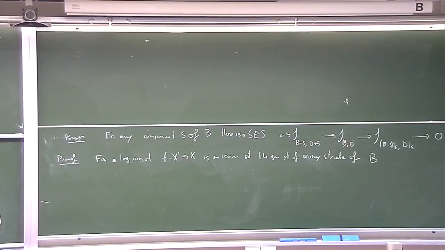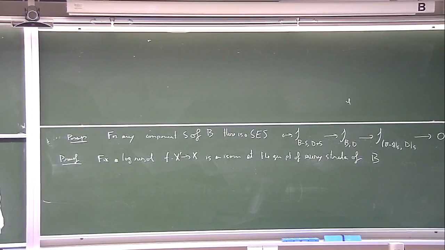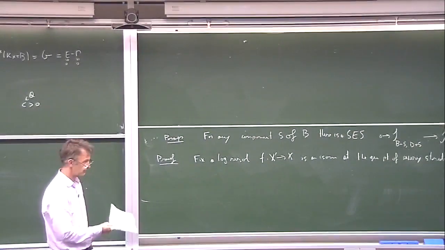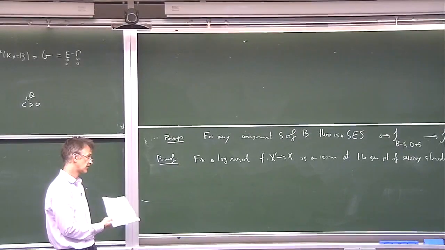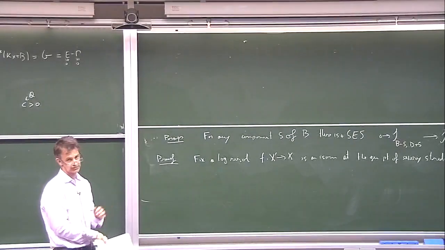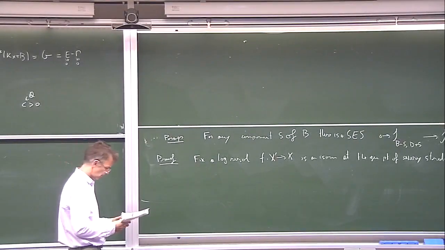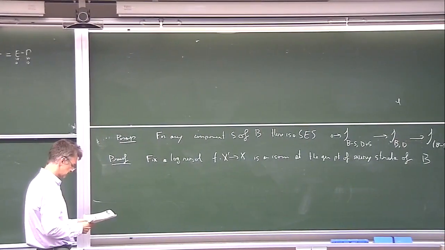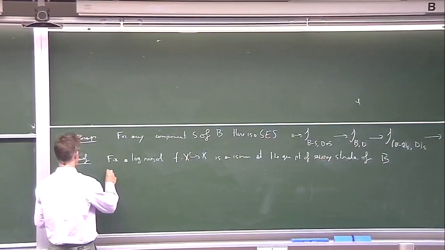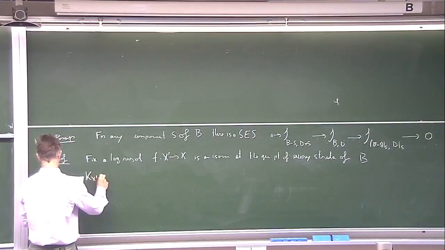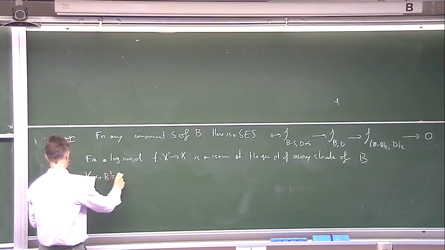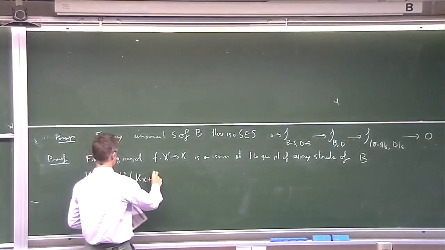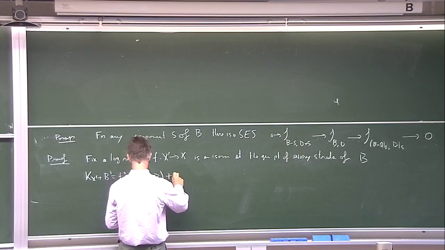Now, this is not completely obvious that you can do such a thing. You know, given any example, you'll be able to do it. In practice, it requires work. This is actually a theorem of Szabo that you can do this kind of resolution. So now I'm going to write K_X prime plus B prime. I apologize, I'm changing the notation slightly from there, but I better go with my notes or I'll end up making a mistake.